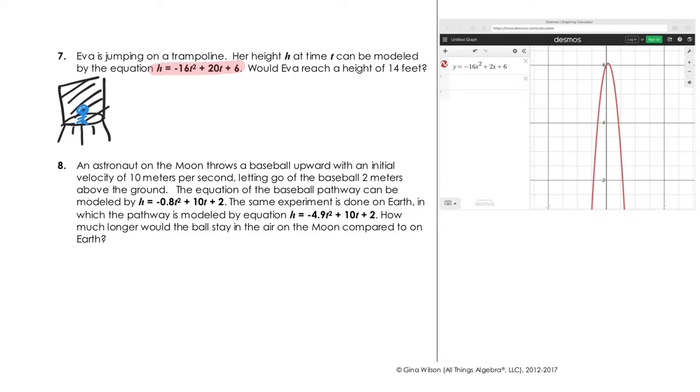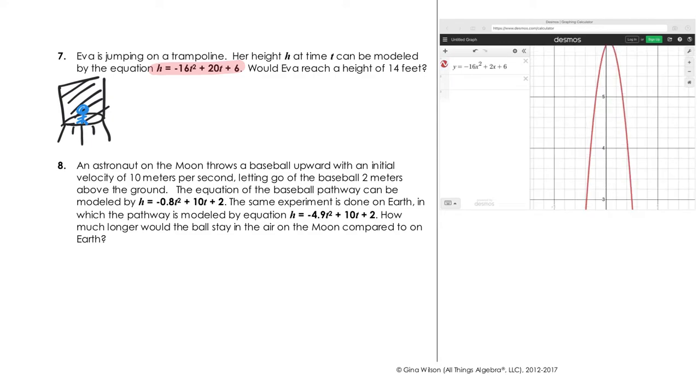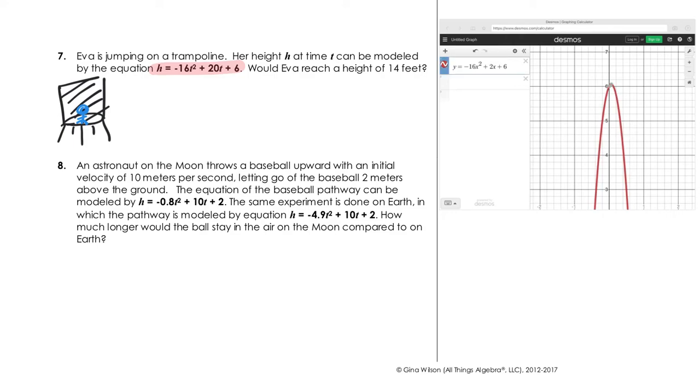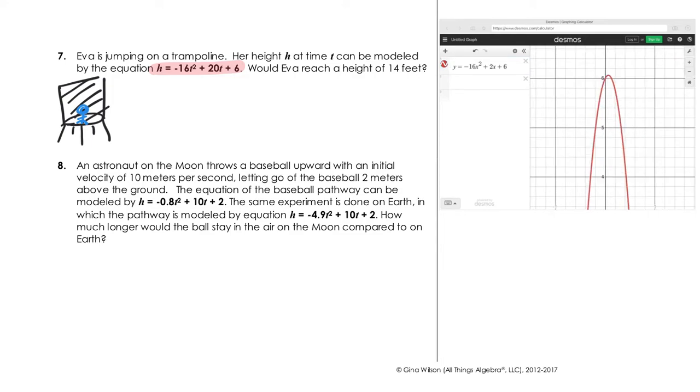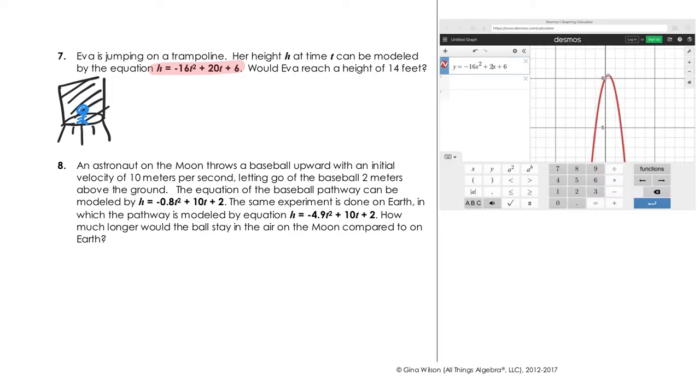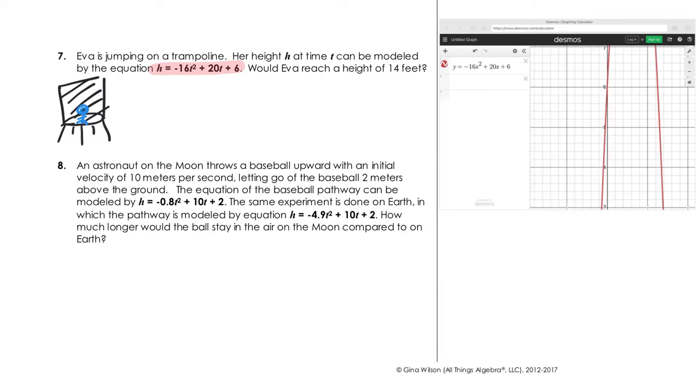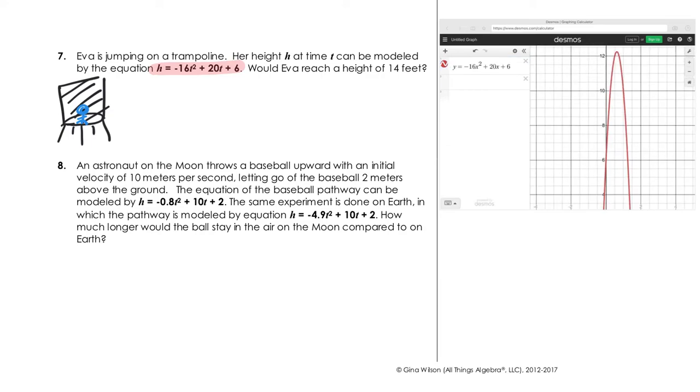So she starts off at 0, 6, which means she has not even jumped yet. She takes one great big jump and we reach the highest point. Oh, I've left out a whole number here. There we go. I knew something didn't look right. So she starts off at 6 feet.